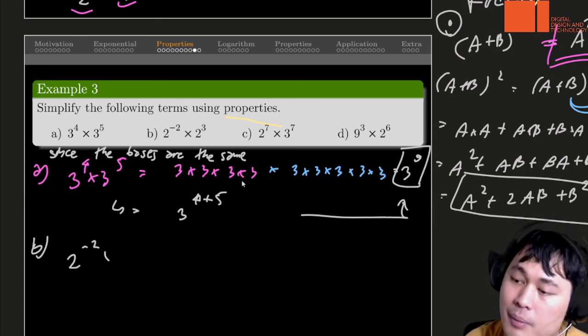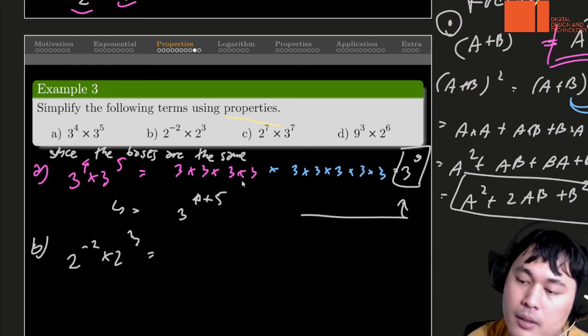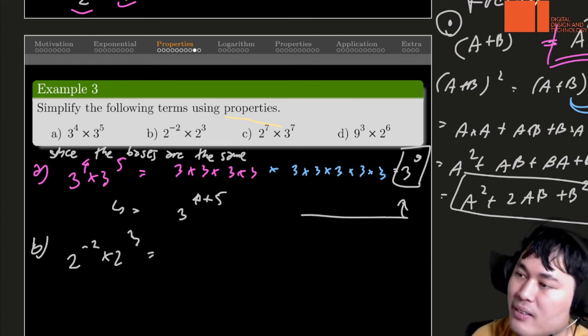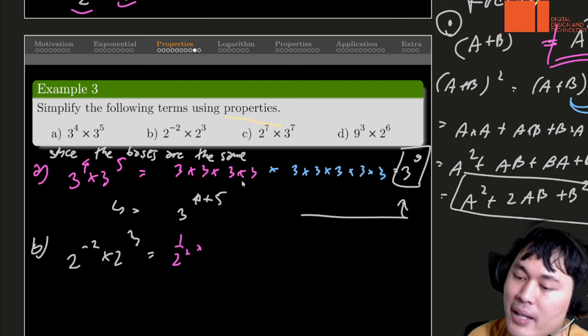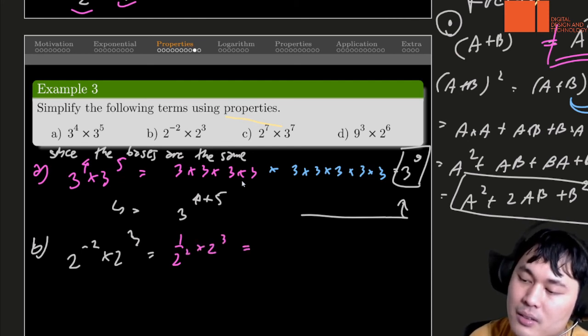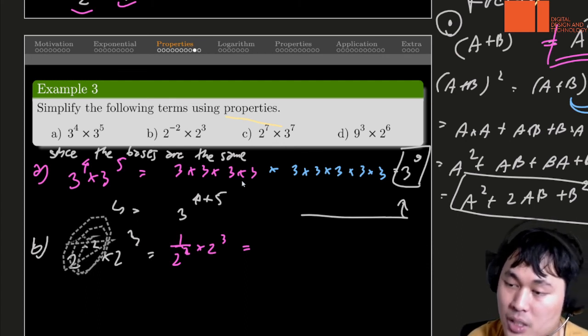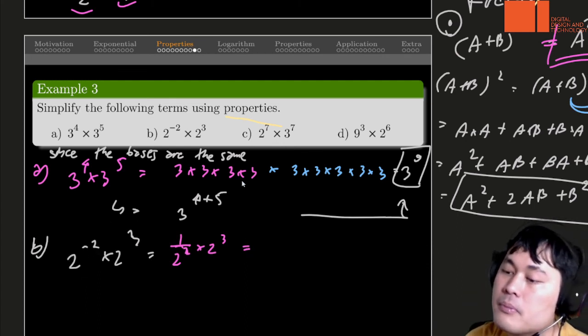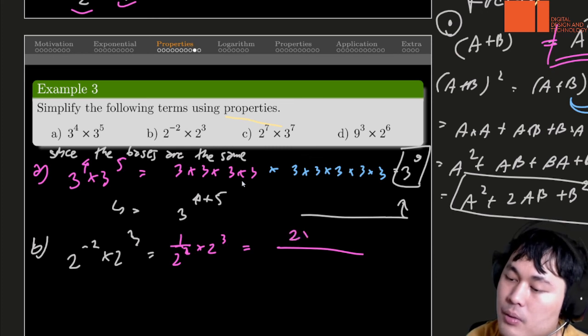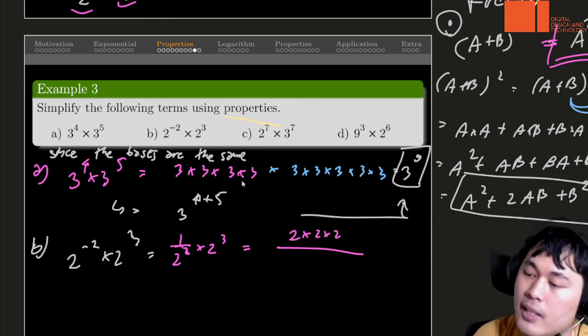2 to the power of minus 2 times 2 to the power of 3. And then again, you can do it by hand if you want to. This should give you 1 over 2 square, and that's 2 to the power of minus 2. And this one gives you 2 to the power of 3 on top, and then 2 square at the bottom.